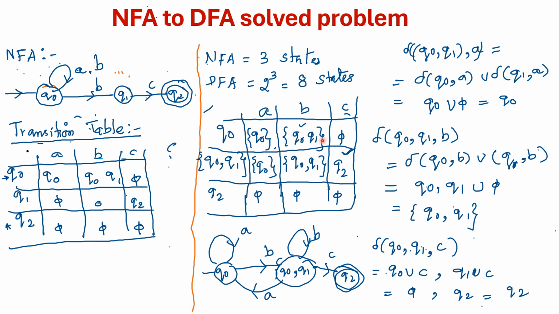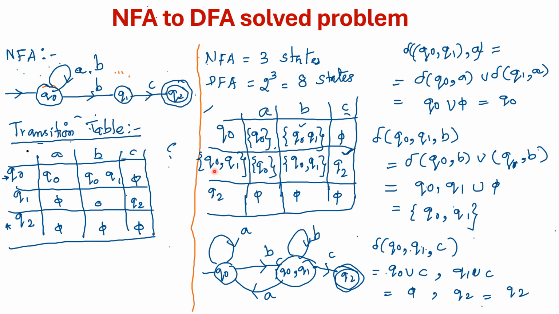Here you have to check whether there is any new state. This is already an old one, this is also old, this is null, and here this is a new state. So next you have to start with the new state, Q naught Q1.